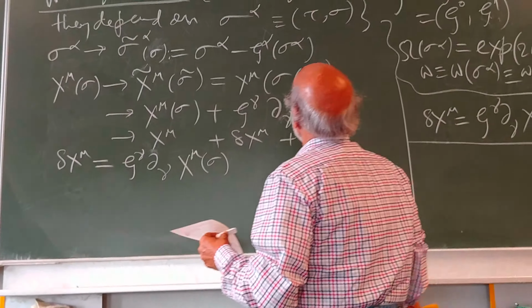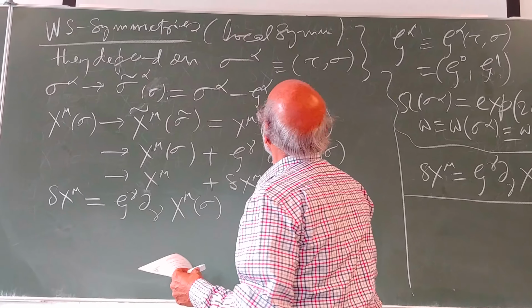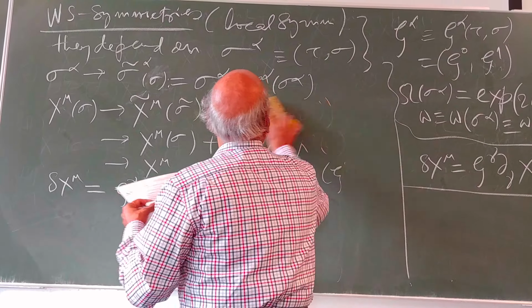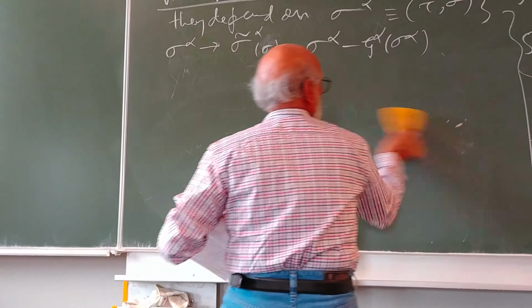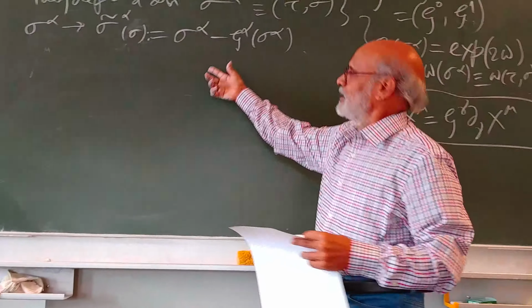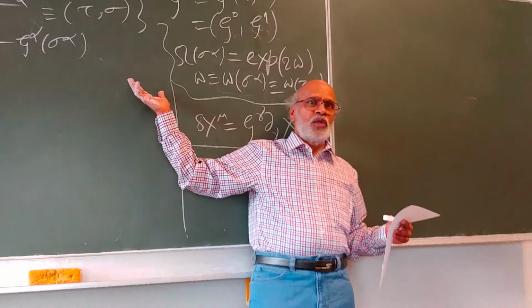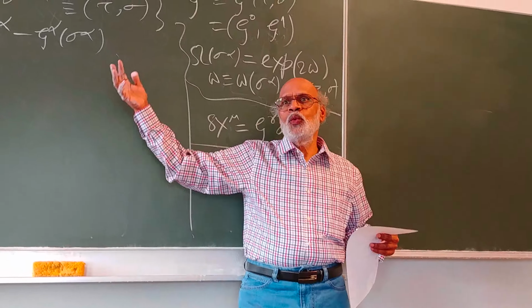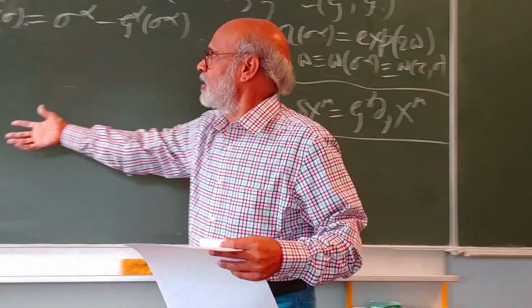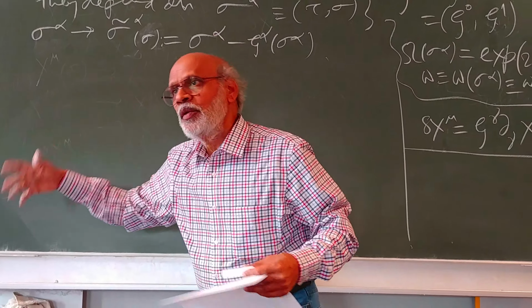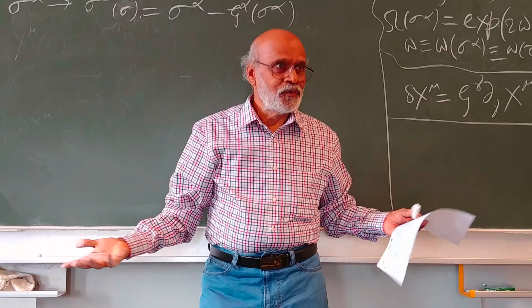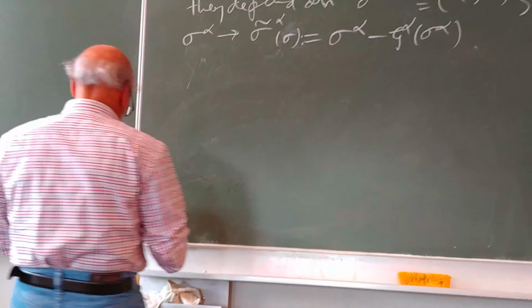And we might erase this, and we want to consider under the same transformation, sigma going to sigma tilde, what happens to the worldsheet metric h alpha beta, which is also dynamical. So it's a dynamical field essentially.